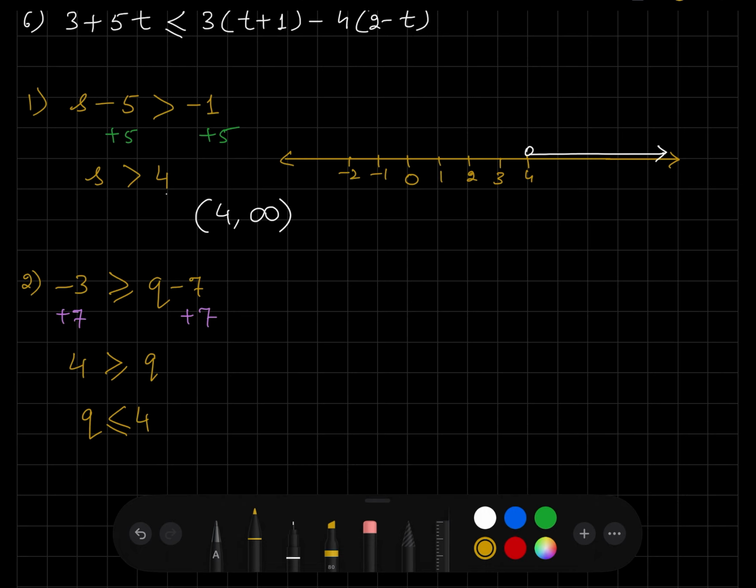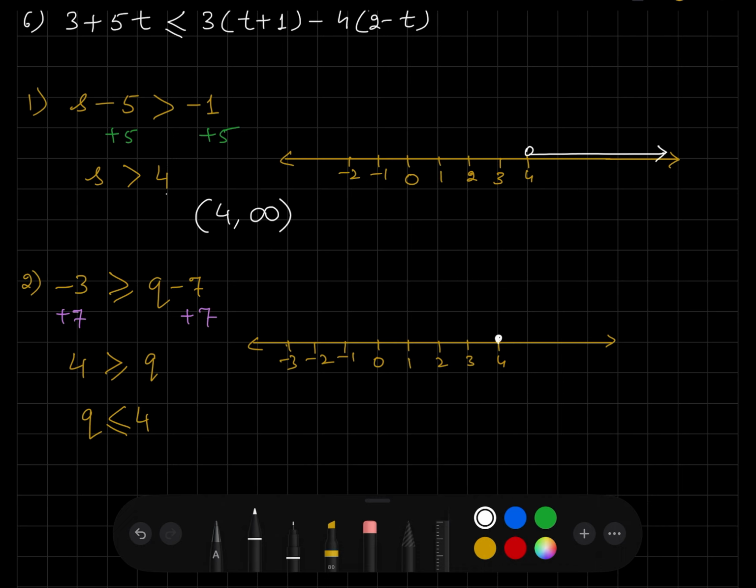Now how will we put it on the number line? Let us draw the number line. This is my 0, 1, 2, 3, 4, and so on, and here would be my negative numbers. My q is less than or equal to 4, so first we locate 4 on the number line and put a solid dot, because this 4 is included in my solution.